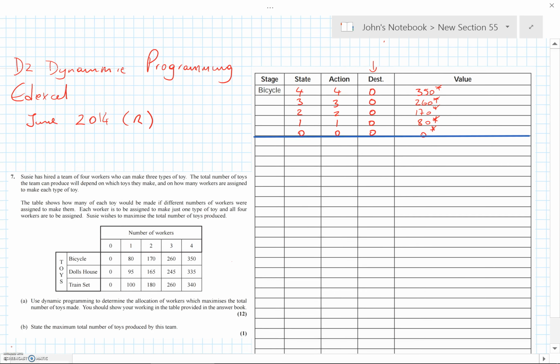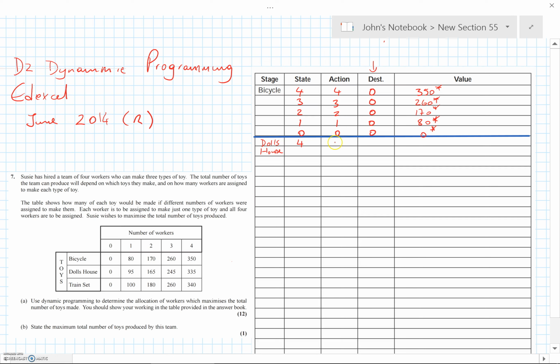Now we can move on to doll's house. Of course, we've got another stage to consider before this, but undoubtedly all 4 of them could be assigned to doll's house. There could be 4 available for state doll's house, no matter what happens from the state before, which is train set.